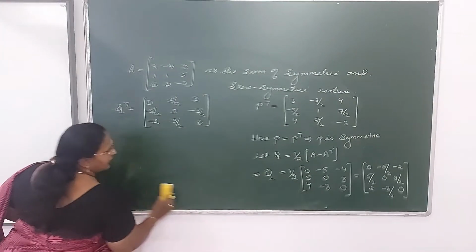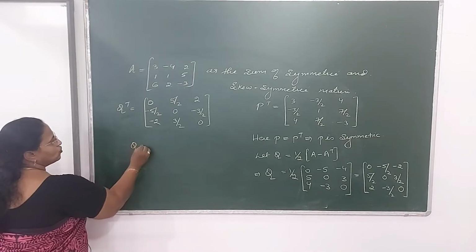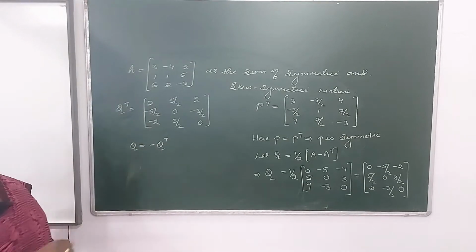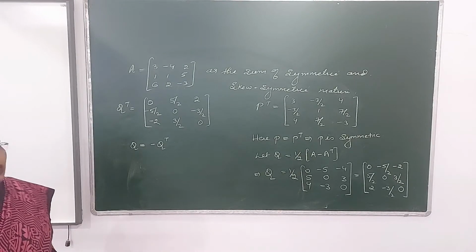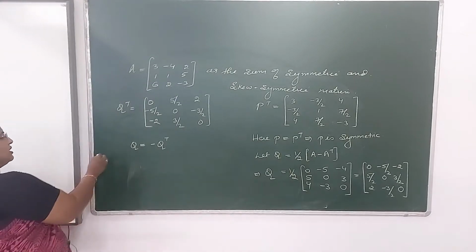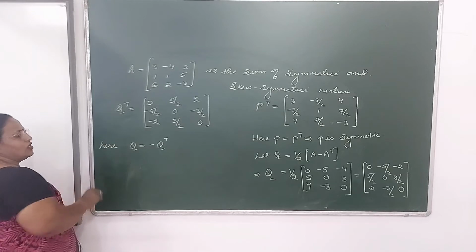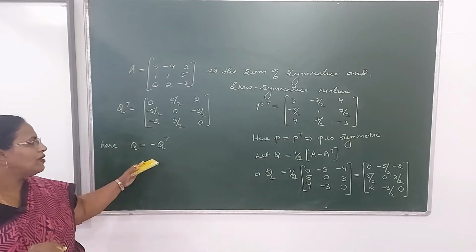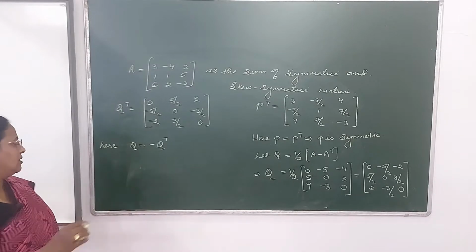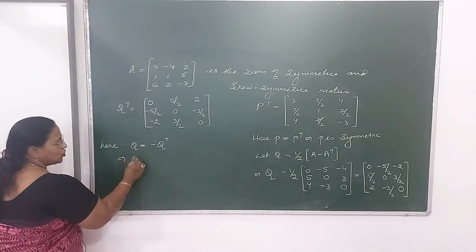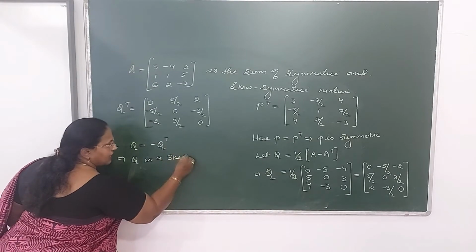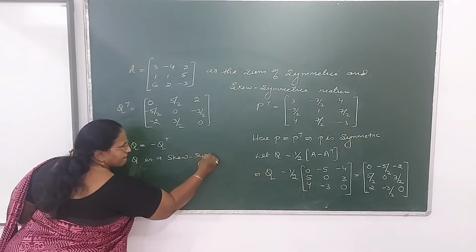Here you will find that Q and Q transpose are same, but the change is with the minus sign. That means here Q is equal to minus of Q transpose. So what will be the conclusion for this part? So this means Q is a skew symmetric matrix.